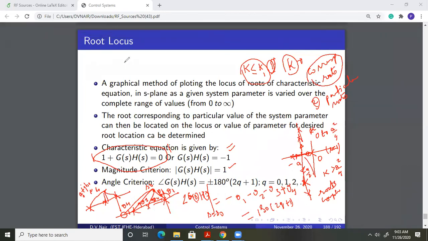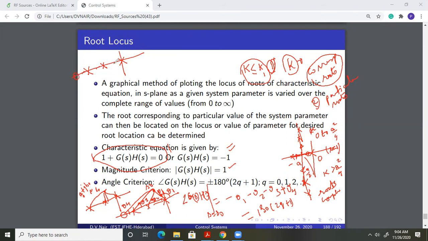So here, if I have G(s)H(s) something like this, with 3 poles, and now let me have a zero also here.